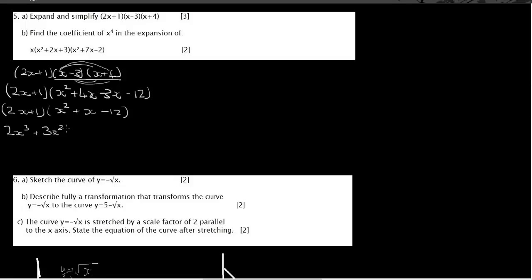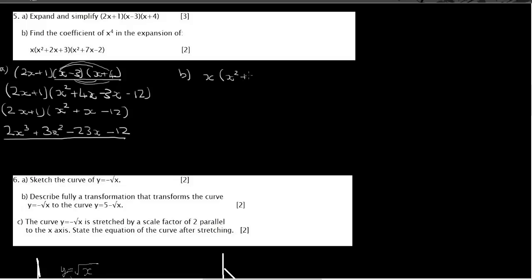Plus 2x. Yeah, collecting terms, we get that. So that's the answer.